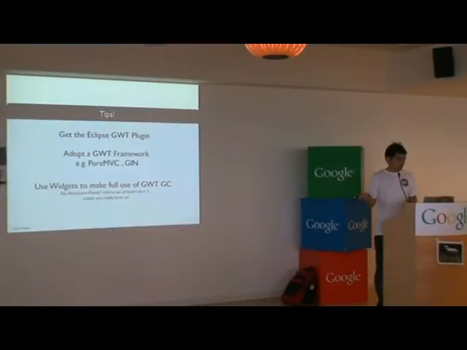Adopt a framework. You can use PureMVC or Gin. It really helps you know where to put your code, and as your project expands, you will otherwise run into problems where your code is everywhere. Another reason to use a framework is that GWT has its own way of garbage collection.